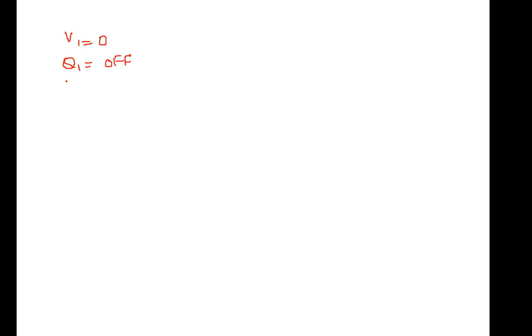So the IC1 value is 0, IE1 value is 0, and the V02 value is VCC minus IC2 into RC. So the V01 value becomes VCC, because the IC1 value is 0.